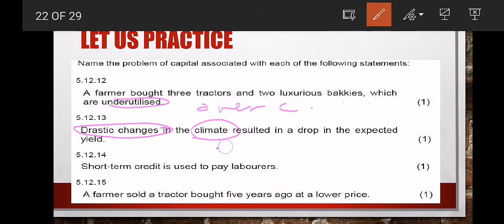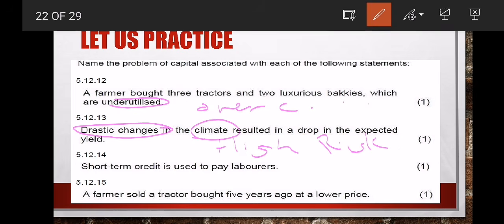So we can say high risk. Short-term credit is used to pay laborers. There's no more money to pay the laborers now. What does it say about that one? It means there is scarcity of capital.